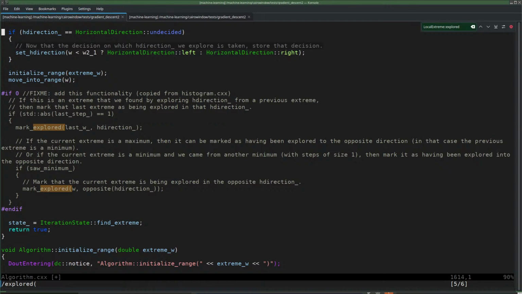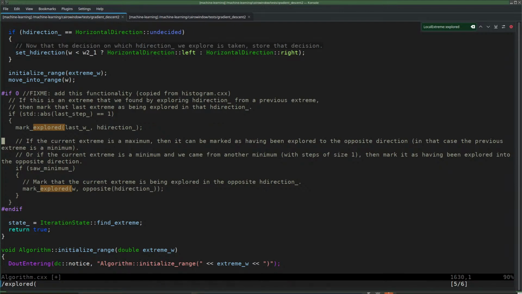And this one is the absolute value. The last step is 1. That means that it's adjacent. Then mark the last one as explored. Yep, I did that too.